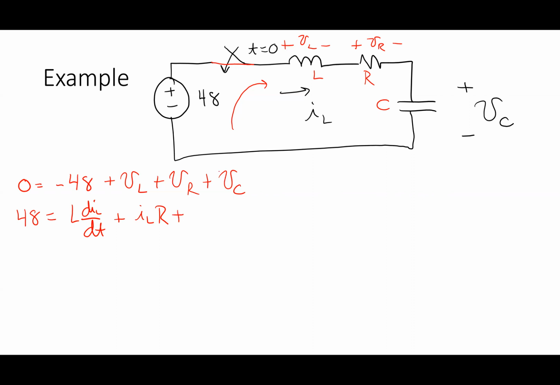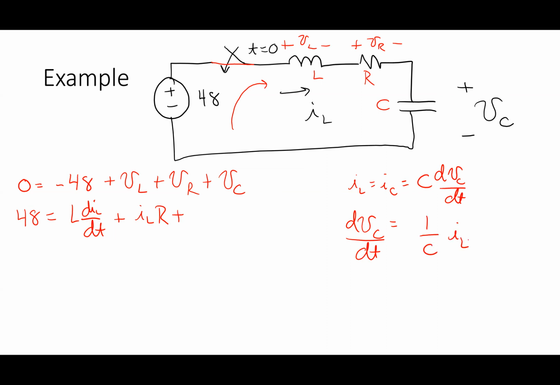And VC, this is an annoying one here. How am I going to put in VC? Well, we said over on the other side that IL is equal to IC is equal to C dVC/dt. So dVC/dt is equal to 1 over C times IL.